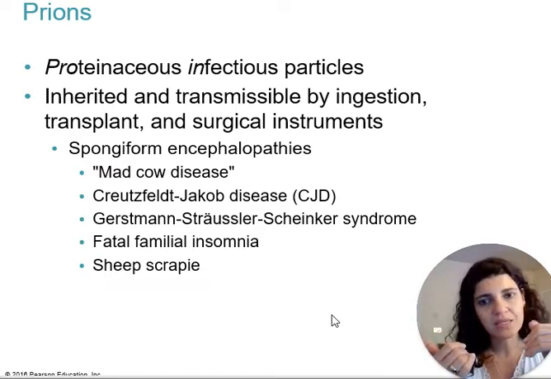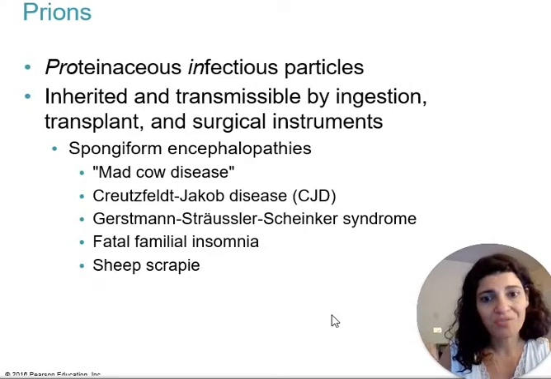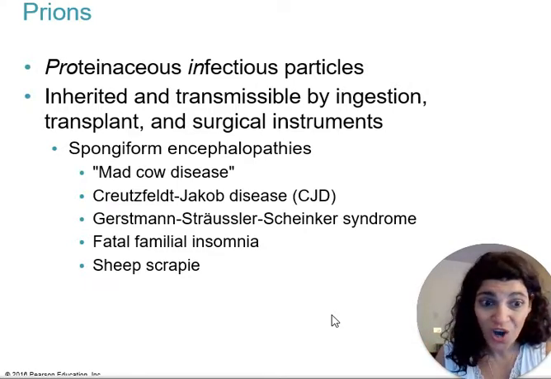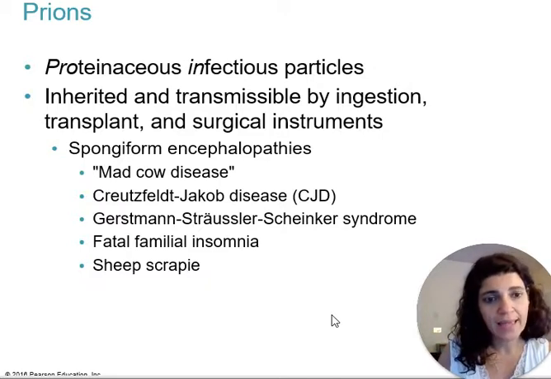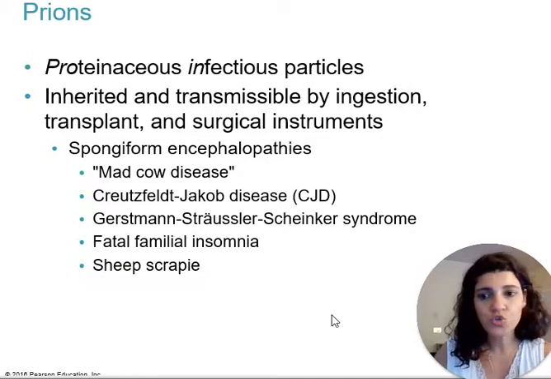Once we ingest meat of a cow infected with prion, which is not thermolabile, so it doesn't get killed by heat, that's why it's so important that cows get tested for this, because frying or cooking the meat is not going to kill that.